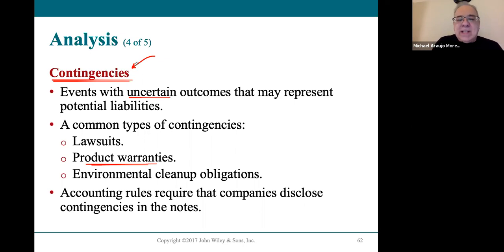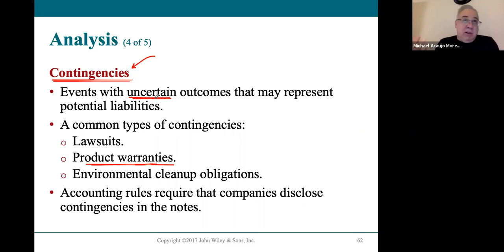And thus, under the warranty, they owe that to the customer. They owe that work to the customer. They owe the work or they owe the parts, right, to replace it. So it's an uncertain outcome. We don't know whether it's going to be a very big liability that they've created or a smaller one. It sort of depends on how those go.